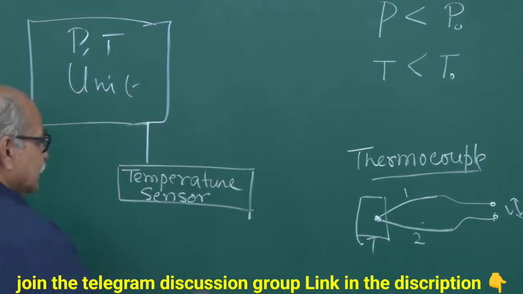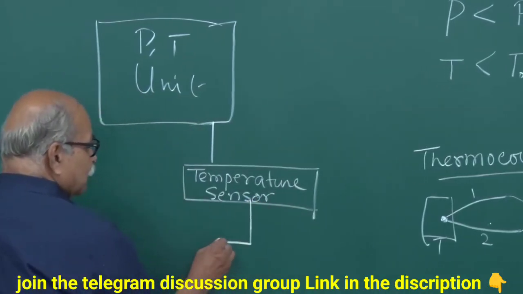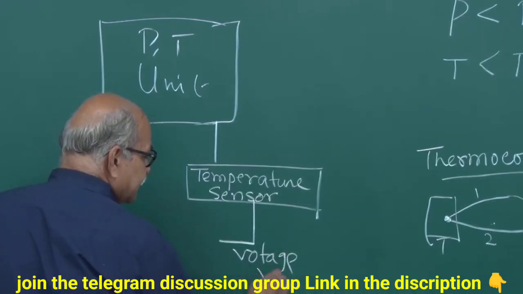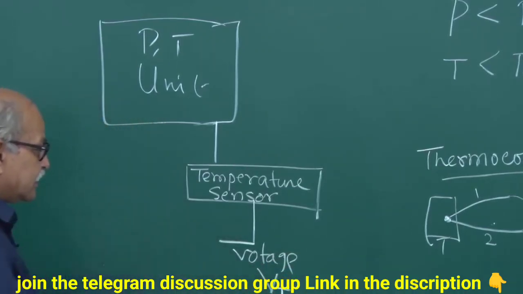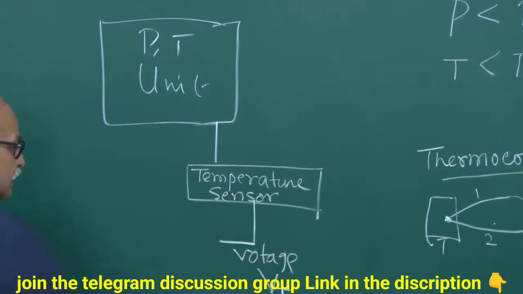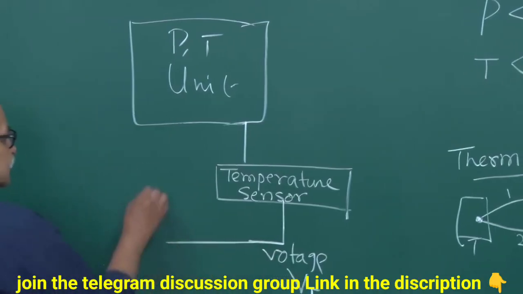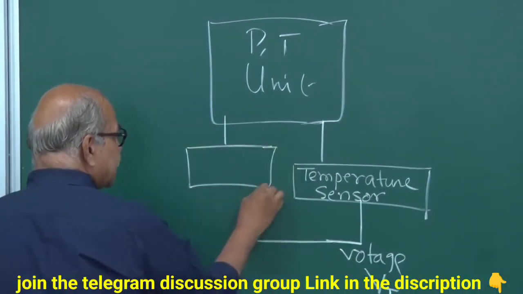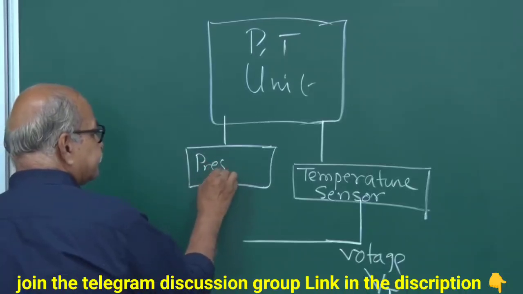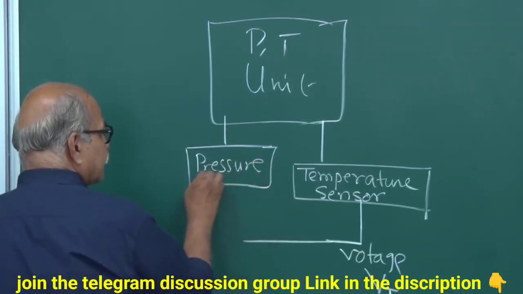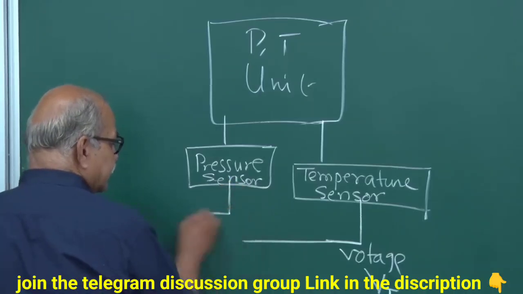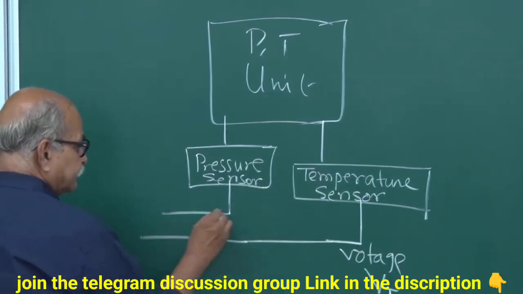So, this gives me a voltage, let us say Vt, a voltage signal, of course analog. Similarly, for pressure we can have a pressure sensor here, and this pressure sensor gives another voltage.